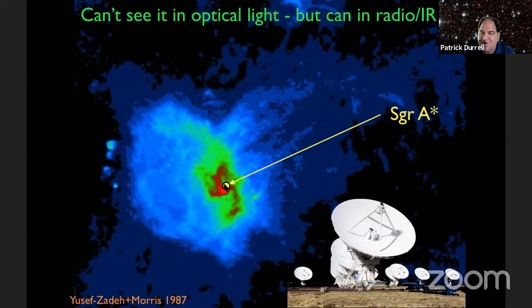There's a tiny little source in here called Sagittarius A star. And things seem to orbit around whatever is at that location. So it's a very well-known object. But what is it? Well, it's long been suspected to be a black hole. But it's one thing to say it's suspected to be, it's another to say it is.